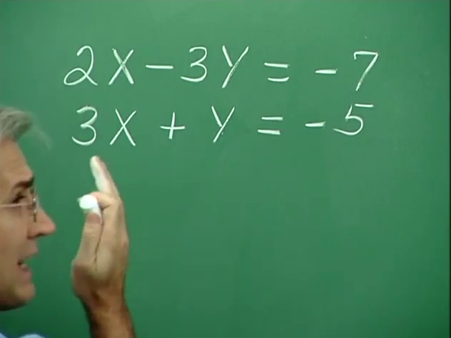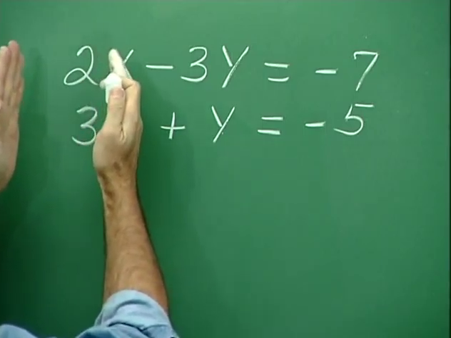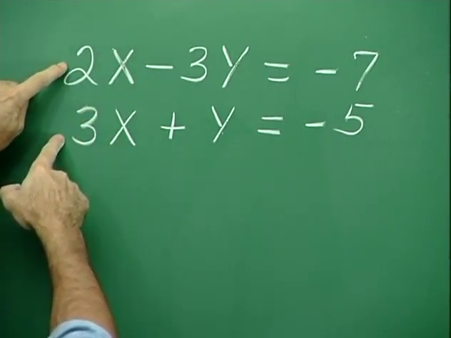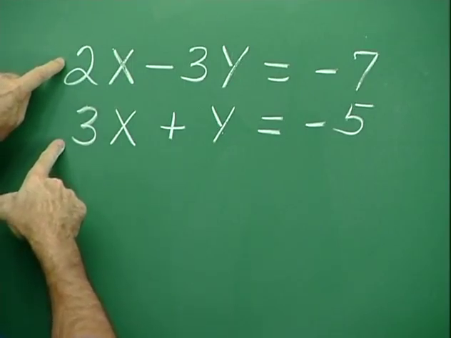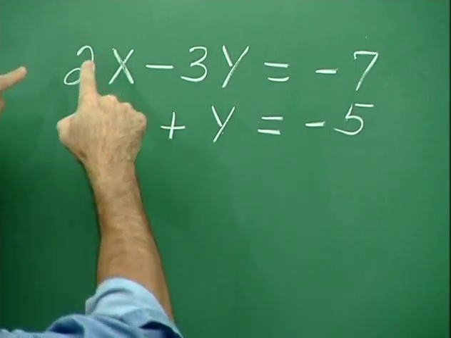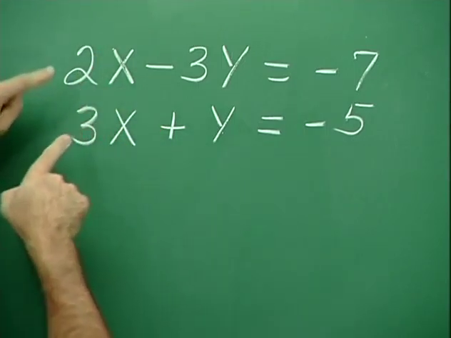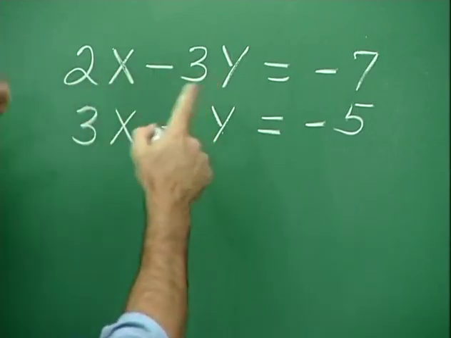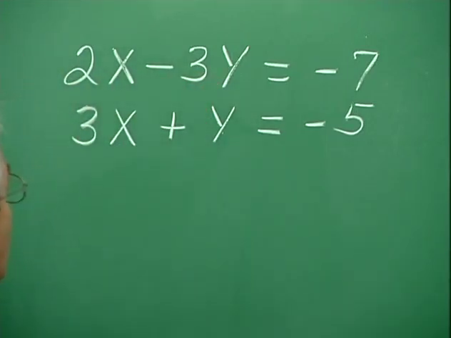Now, if we sort of attack this problem by looking at the coefficients of x, we're going to need to multiply in both equations. Now, the least common multiple of 2 and 3 would be 6. So if we multiply in this equation by 3 and in this equation by 2, then we'll have 6's as the coefficients. Now, in one of them, we would have to multiply by a negative value to cause a sign change to occur as well.